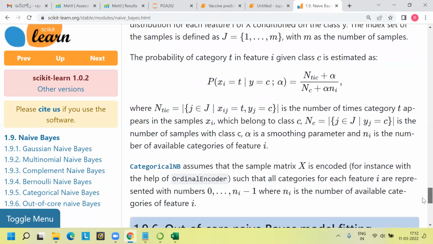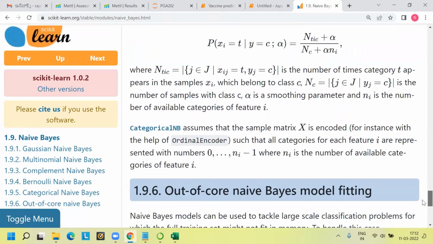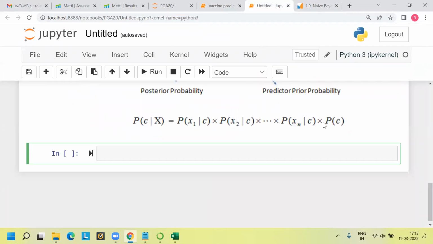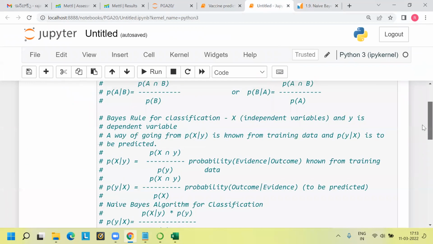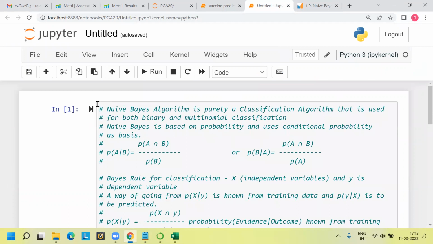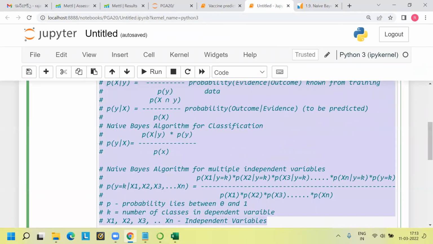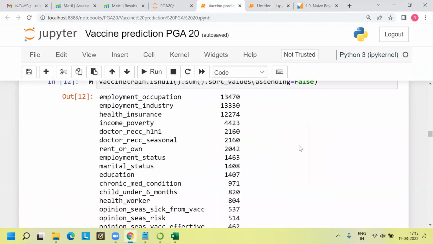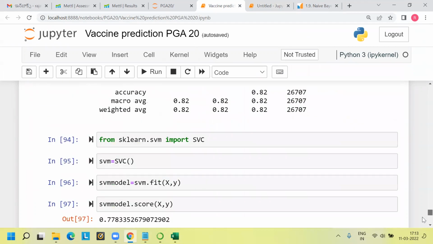Categorical naive Bayes is implemented because in our data, which you can see in vaccine prediction, most of them are binary and categorical. Okay, let me copy this theory there also.